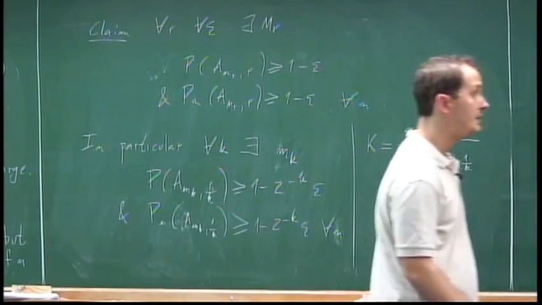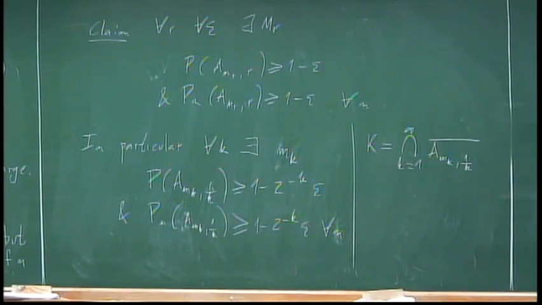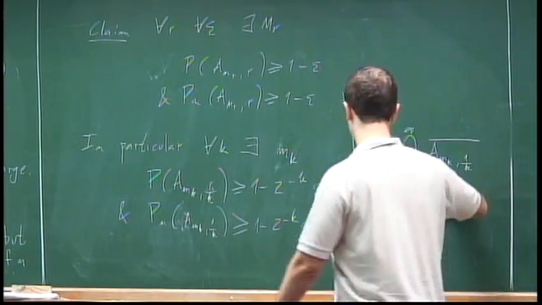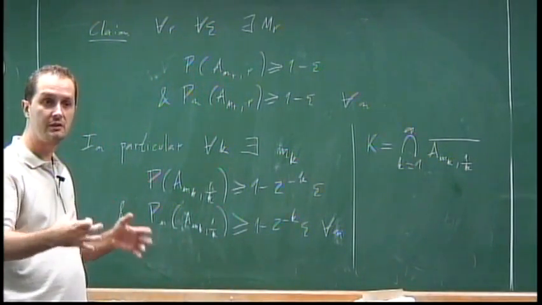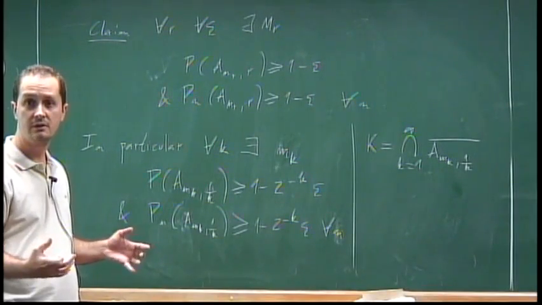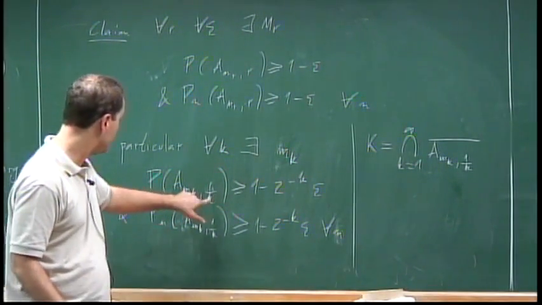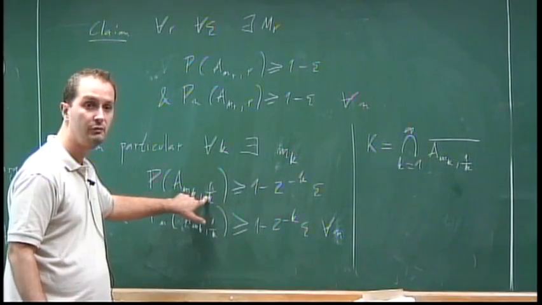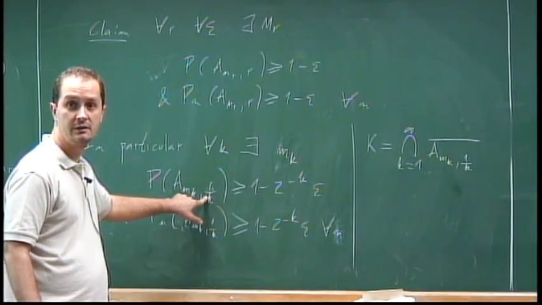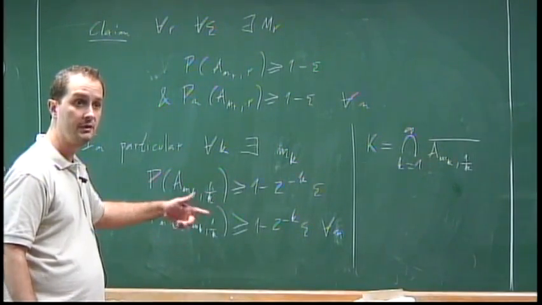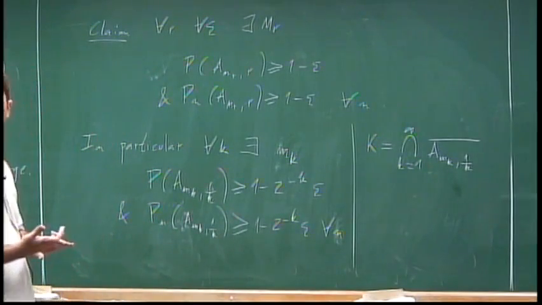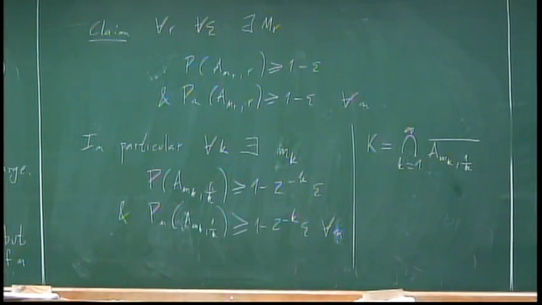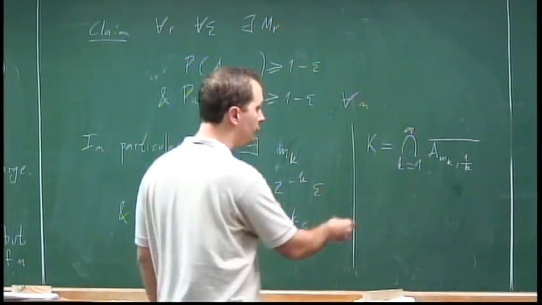The argument that we used last time is that a set is compact if it's closed, which this one certainly is, and totally bounded, meaning that it can be covered by a finite number of balls of a given radius. So this set by construction is covered by a finite number of balls of radius 1 over k. And since 1 over k goes to 0 as k goes to infinity, for any radius it can find balls of that radius that cover the whole set. So we proved that it was compact.